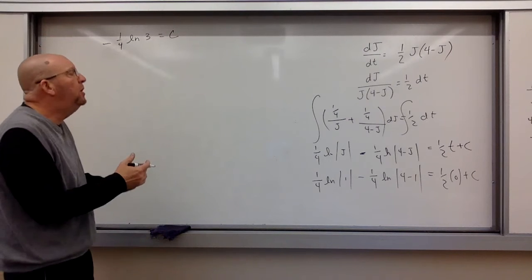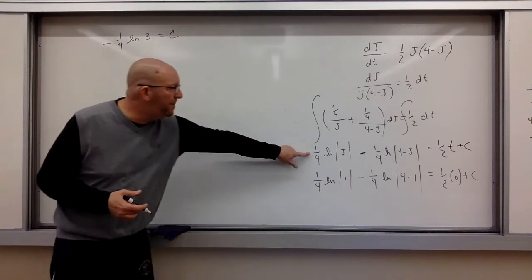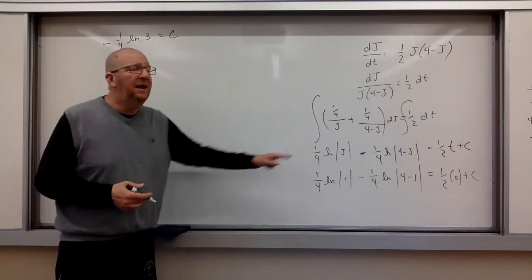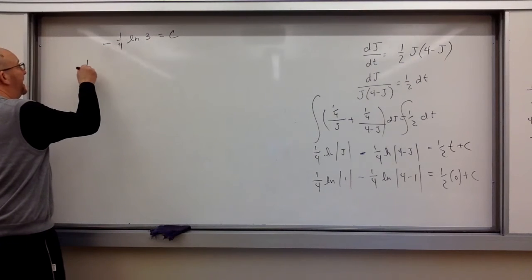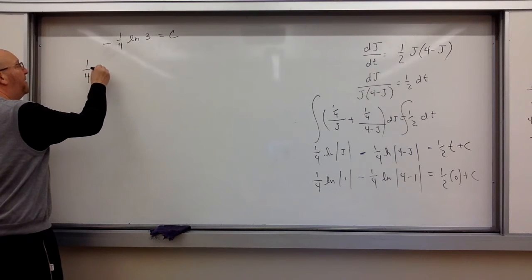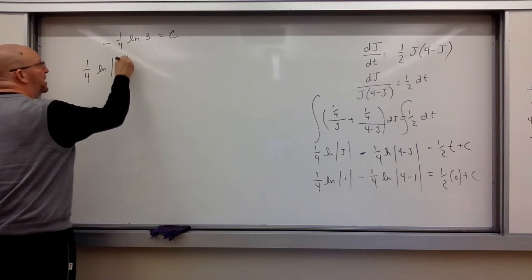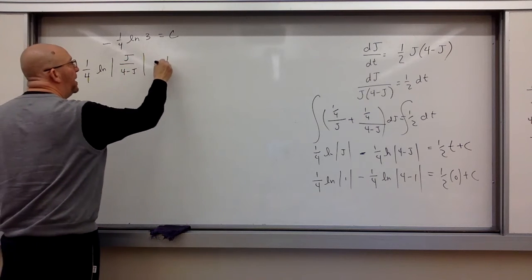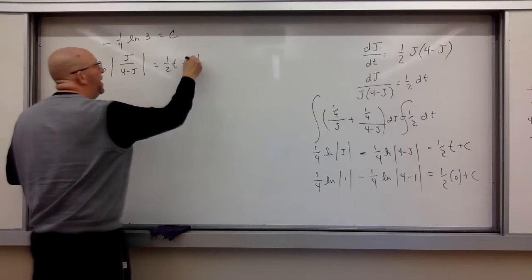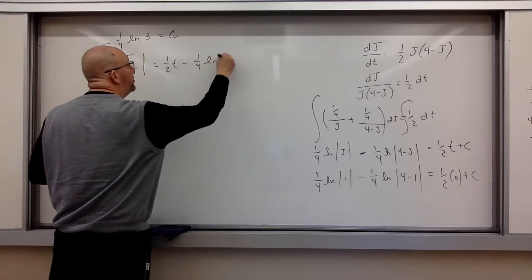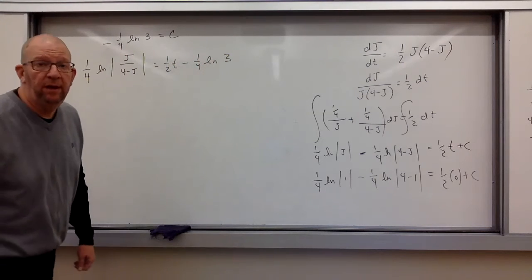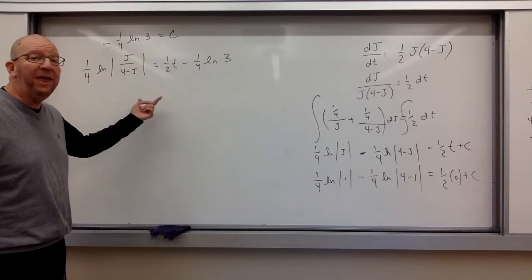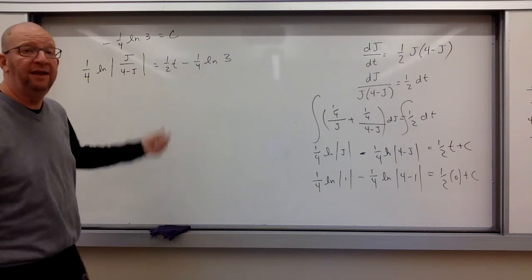Okay, now I have to rewrite this step here. But what I'm going to do here, because as you know, I love pre-calculus, so we're going to go j over 4 minus j here, 1/2 t here, minus 1/4 natural log 3 here. Okay, so all we have to do is solve for j.